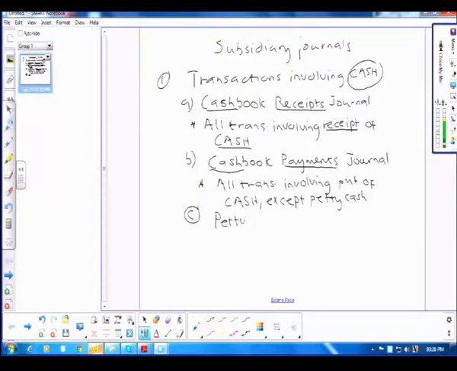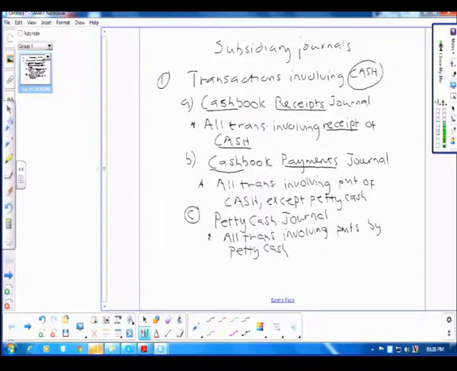In the petty cash journal, we record all transactions involving payments by petty cash.